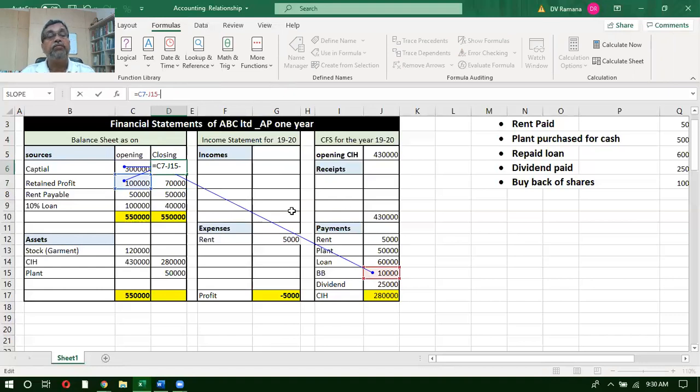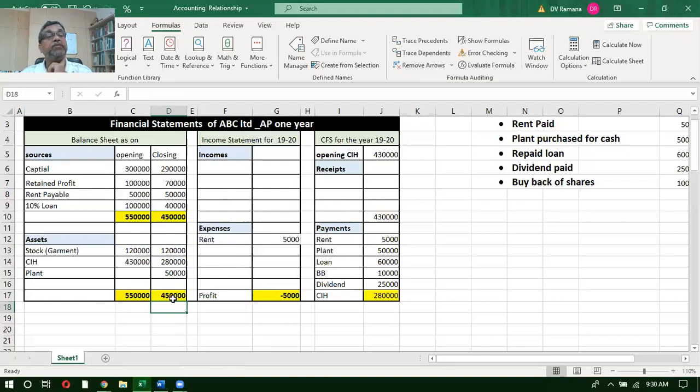The capital has come down because of the buyback of shares, 150, with no change in the stock. So therefore, the assets should be equal to 450.